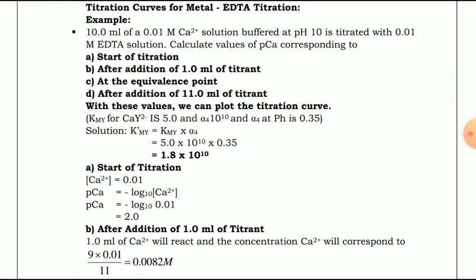But the remaining calcium 2+ ion in the conical flask will be 9 ml, because 1 ml will be used for the formation of the calcium EDTA complex. So when we do the cross multiplication, that will be 9 into 0.01 upon 11. When we calculate this, we get 0.0082 molar as the concentration of calcium 2+ ion.